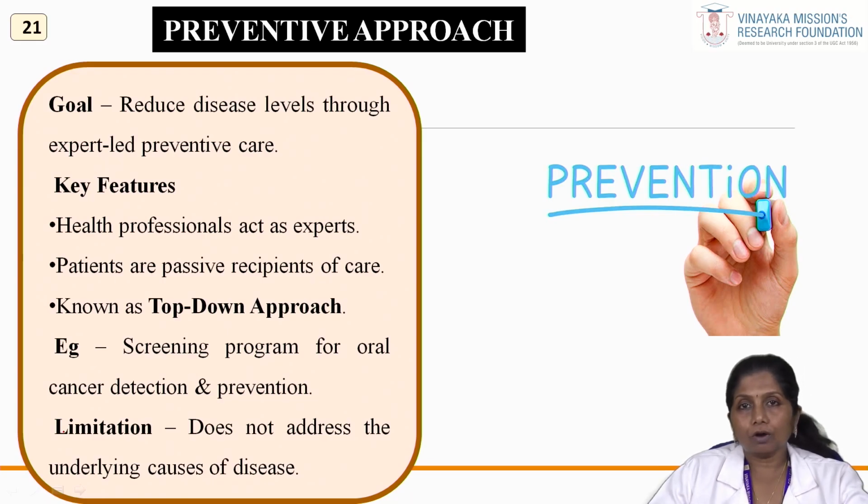This approach is often seen as a top-down method where health professionals act as experts and patients act as passive recipients. The only limitation of this approach is that it doesn't address the root cause of a disease. For example, why people are exposed to risks in the first place is not analyzed; it is just screening the number of people affected by oral cancer.